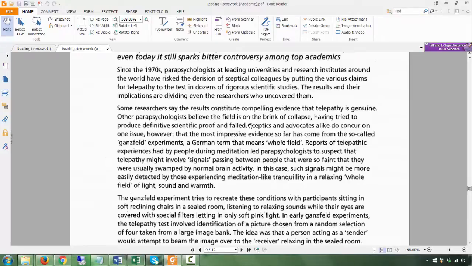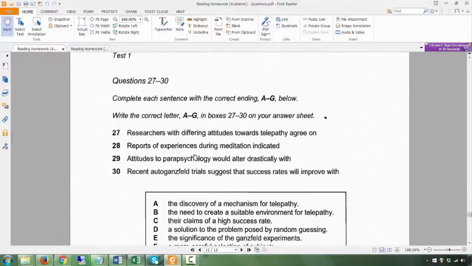Do you see again the role of vocabulary? If you don't know what skeptic or septic means, both are words which are used and have the same meaning, just different spelling. And advocates, and concur, which means agree. If you don't know these words, you won't be able to understand that this is giving you the answer to this sentence.